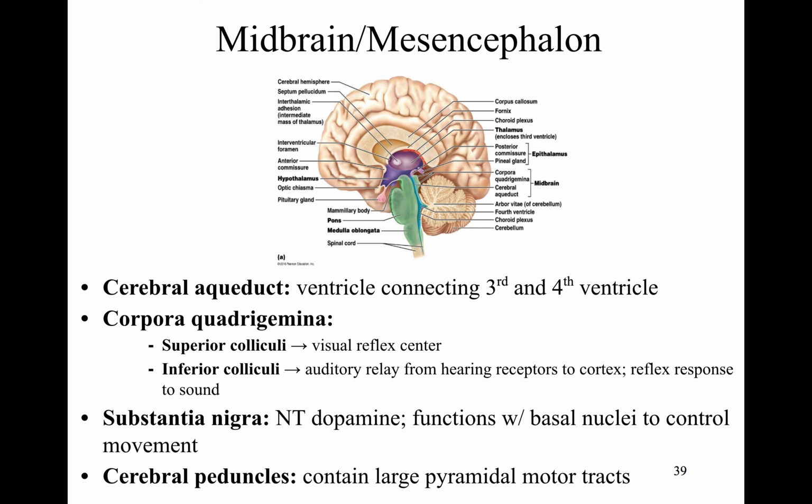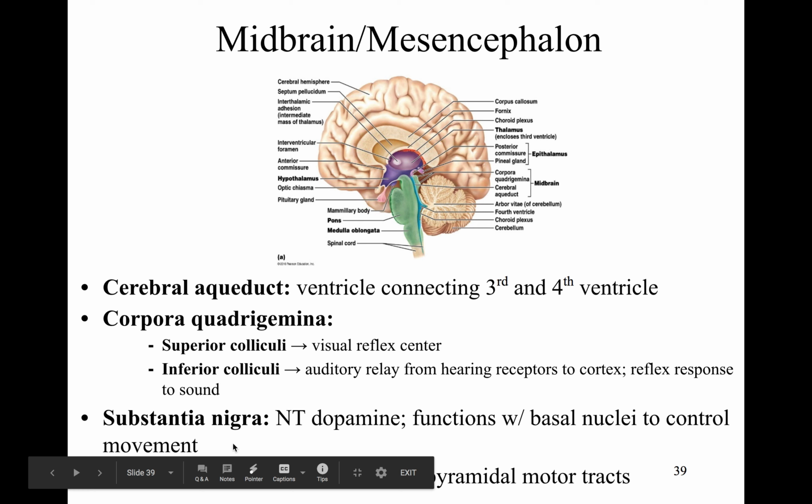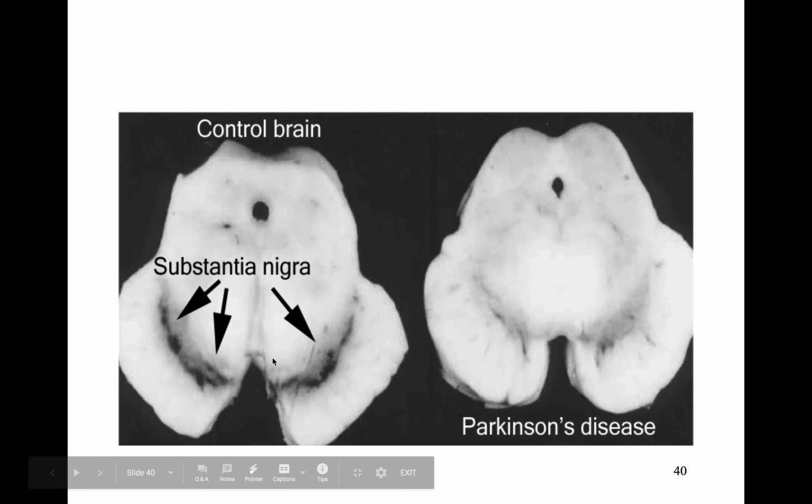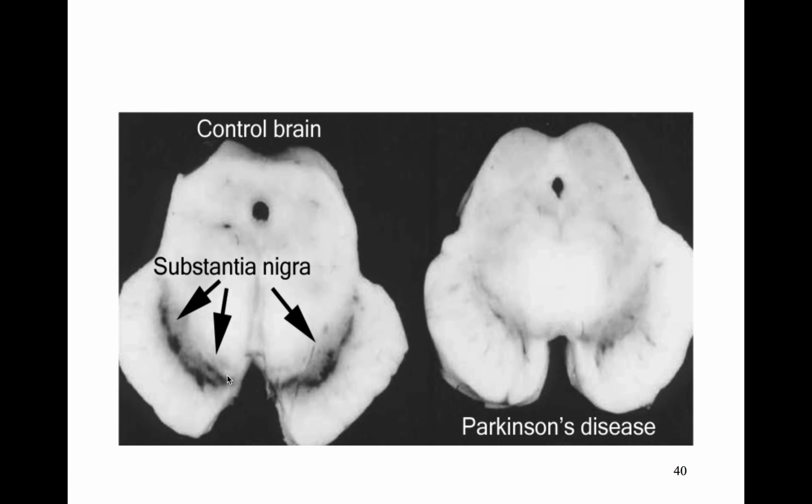Another important structure is the substantia nigra. The substantia nigra is going to be a bunch of pigmented nuclei. So these pigmented nuclei are shown right here. These are dark stained regions of the midbrain that are composed of neurons that contain the pigment melanin.